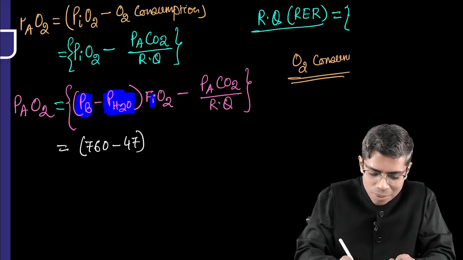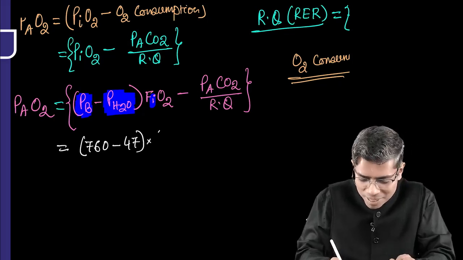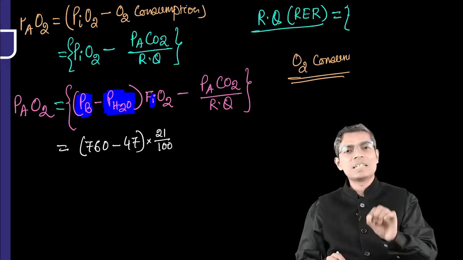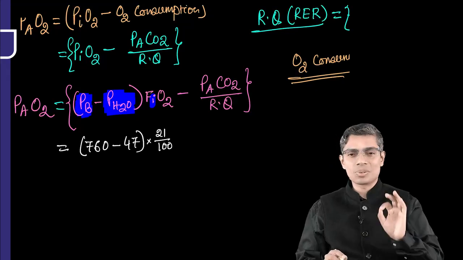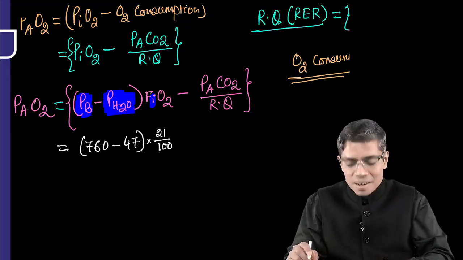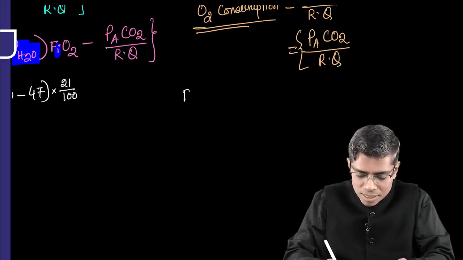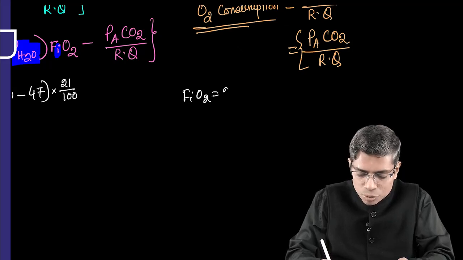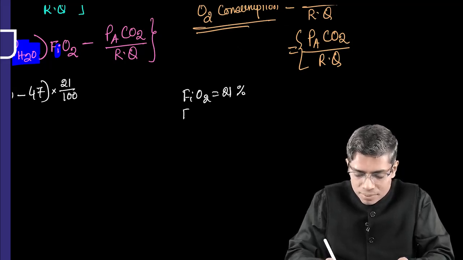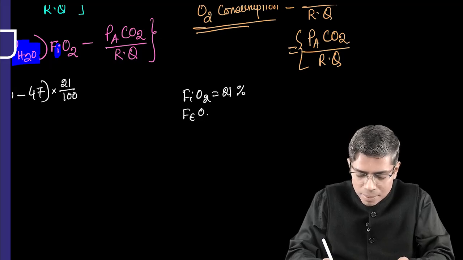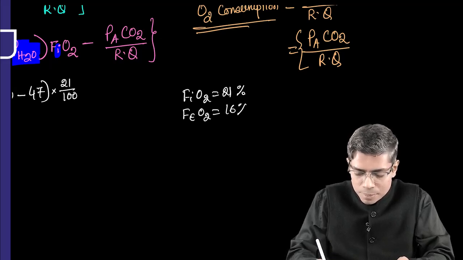This is nothing but 21%. I am making this thing complicated, because scientists always make things complicated, right? So FiO2 is 21%, which means 21 upon 100. If I ask you that the fraction of oxygen in the inspiratory air is 21%, what is the fraction of oxygen in the expiratory air? Your answer is 16%.